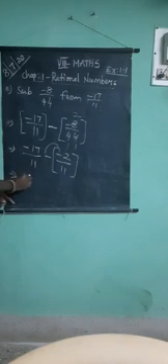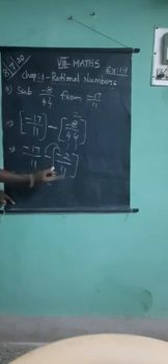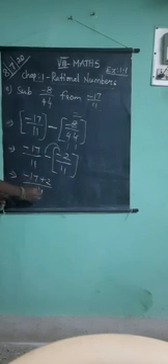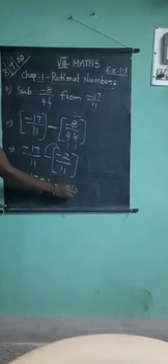So minus 17 plus 2. These two denominators are the same, so add the numerators. Minus 17 plus 2: subtract, we get 15. The greatest number's sign is minus. Minus 15 by 11. Are you clear?